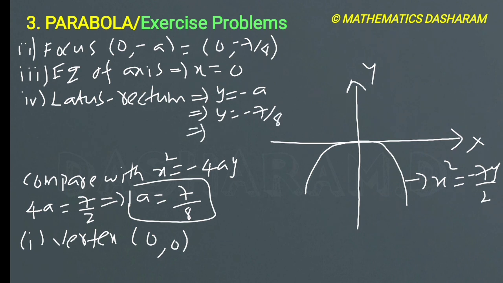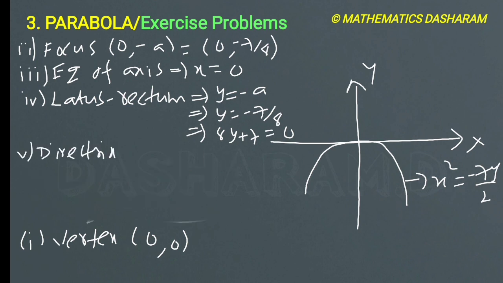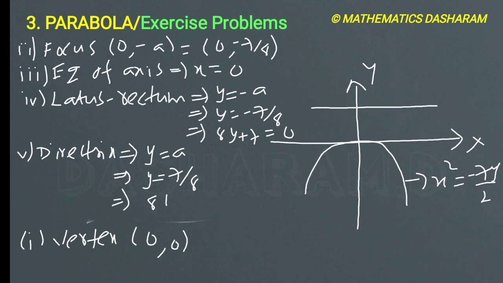Then its simplification is 8y plus 7 equals to 0. Next, the equation of the directrix, that is a fixed line, it is called the directrix. Its equation is y equals to a, so it implies y equals to 7 by 8. So then 8y minus 7 equals to 0.